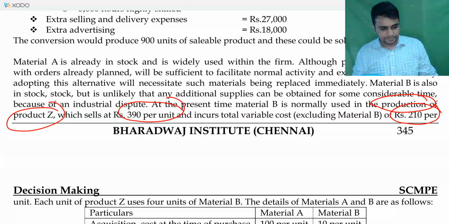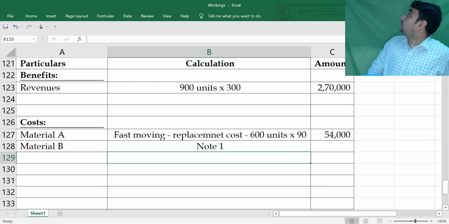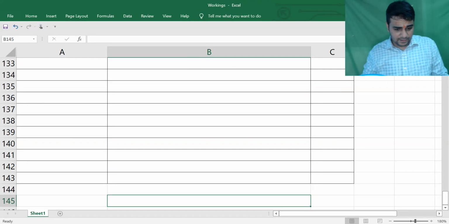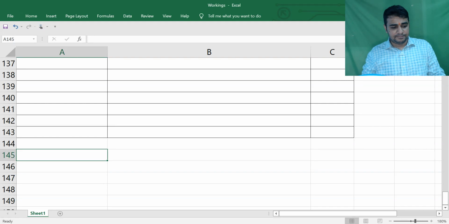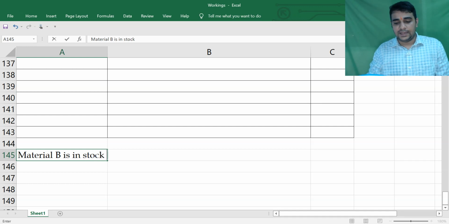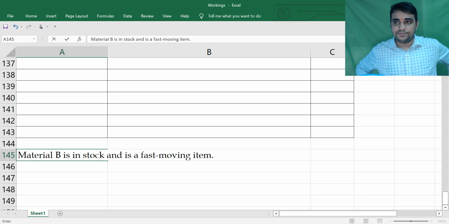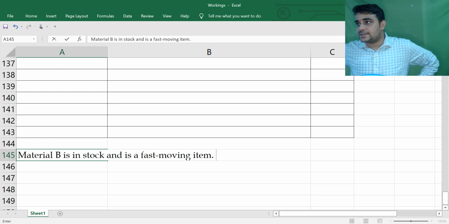Now write note 1. Material B is in stock and is a fast moving item.